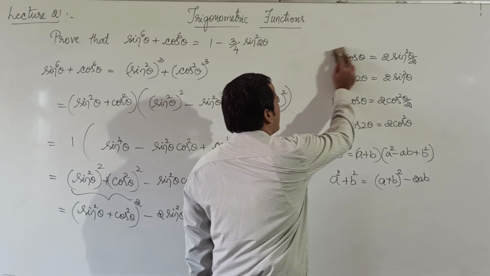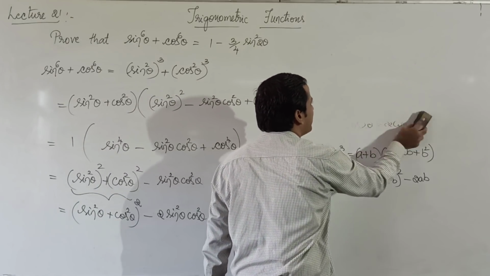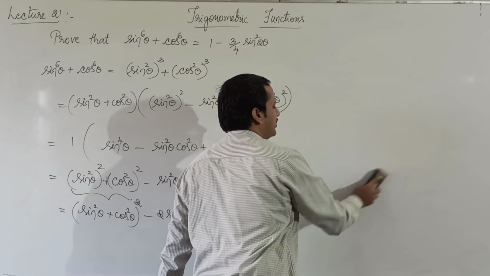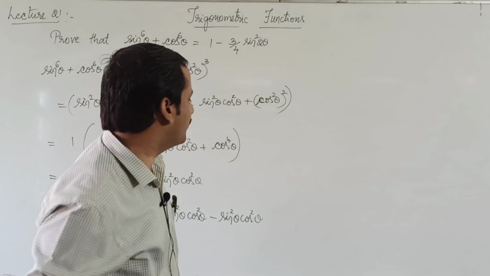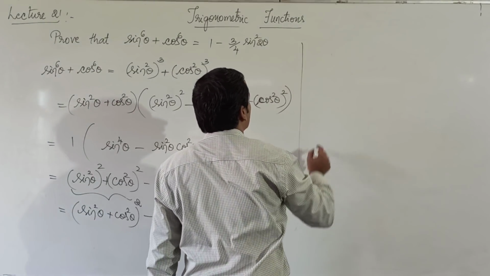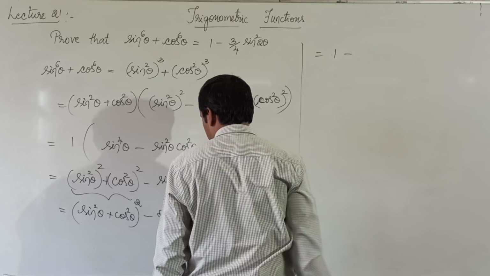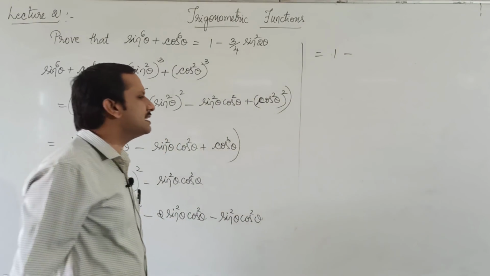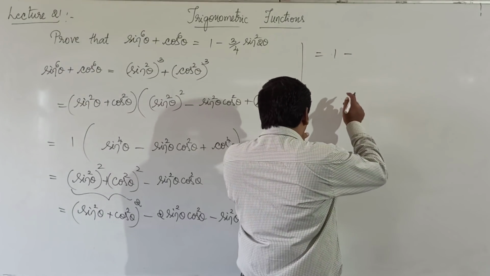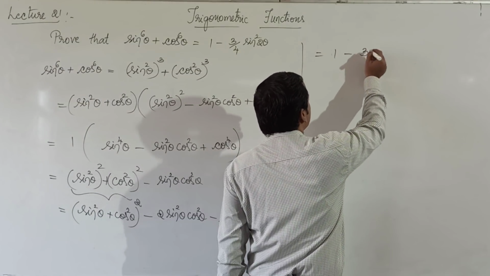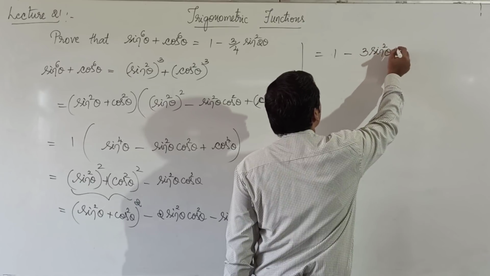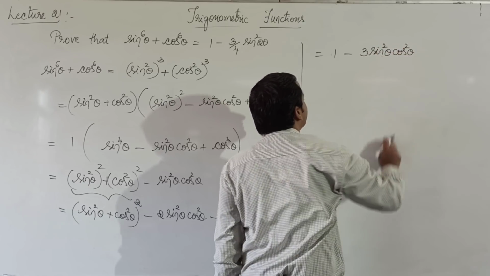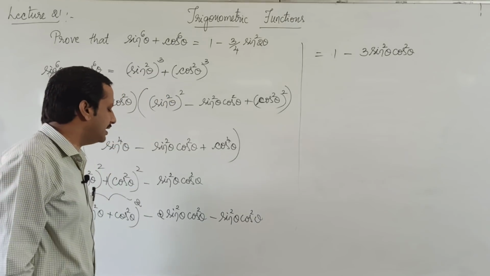Sin square theta plus cos square theta whole square. Sin square theta plus cos square theta is 1 and 1 square is of course 1. So it is equal to 1 minus 2 sin square theta cos square theta minus sin square theta cos square theta. Sorry, it will be 1 minus 3 sin square theta cos square theta.